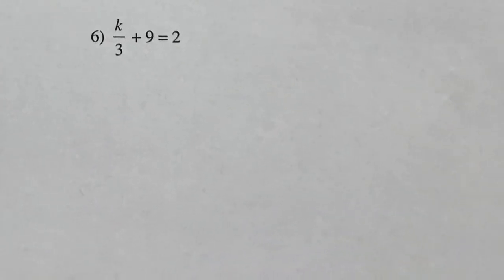Number 6. K divided by 3 plus 9 equals 2. Hopefully you're getting a sense of what we're doing. I'm going to start with the constant, this guy here. Then I'm moving on to the coefficient, and then I should have k by itself.